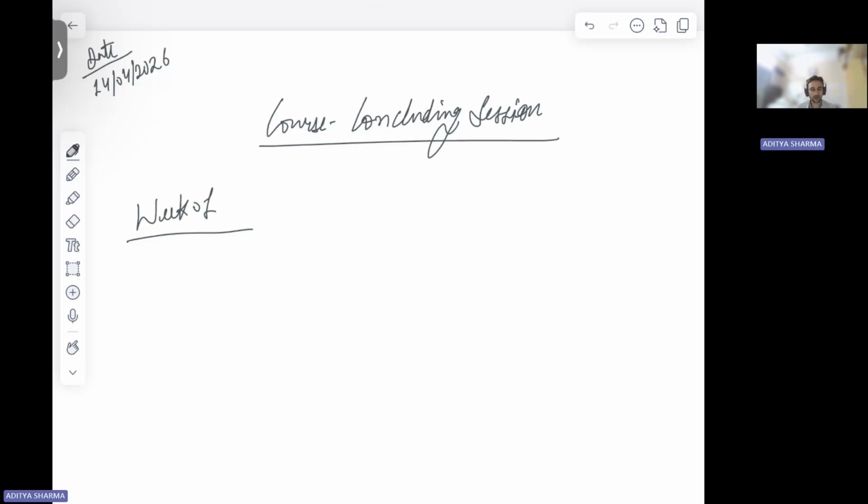Where viscosity comes into picture, this is viscous flow, and inviscid where we say that viscosity is absent, right? Then internal and external flow. Internal flow example is pipe flow. External flow is flow over a flat plate, that is external flow.